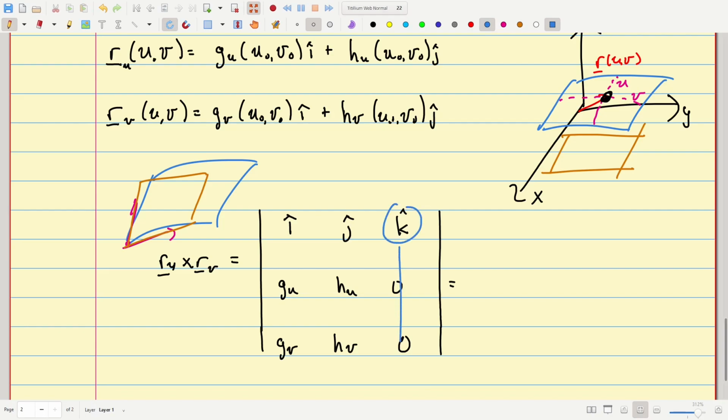I am going to expand on this column because it's the easiest one, using determinants by minors, right?